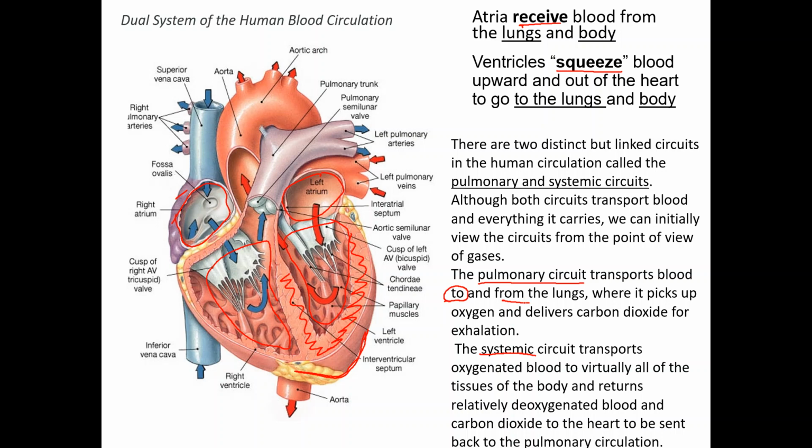When it comes from the lung, we're talking about oxygenated blood. And so the systemic circuit transports oxygenated blood to the cells, but it also transports the deoxygenated or CO2 rich blood from the whole body, all the cells.